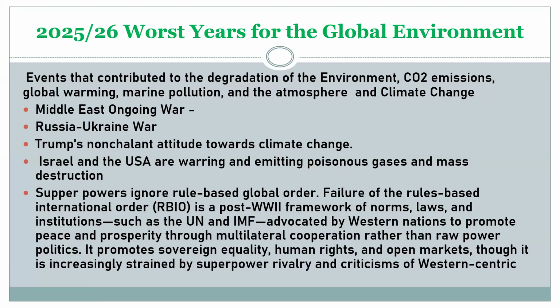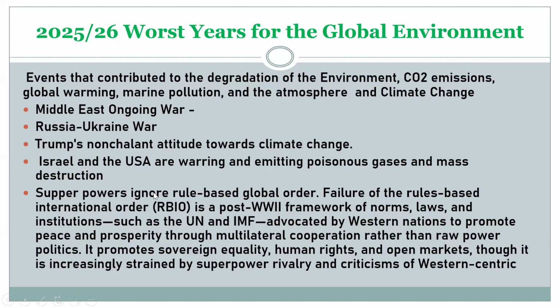Now, if there is a rule-based global order, everybody will try to agree on an international framework where they agree on measures required to reduce global warming. The institutions such as the UN and IMF, advocated by Western nations, promote peace and prosperity through multilateral cooperation rather than raw power politics.